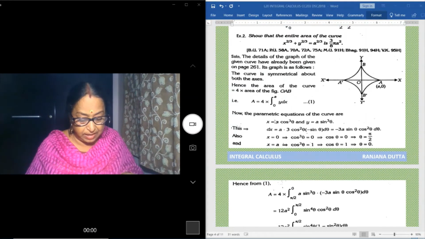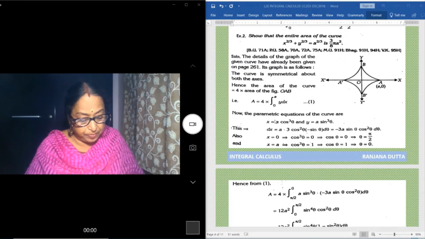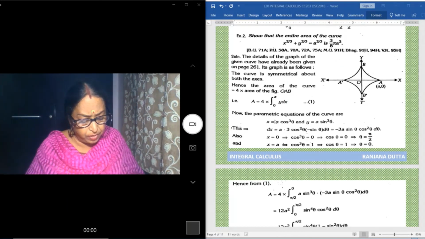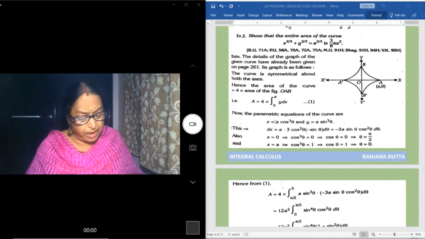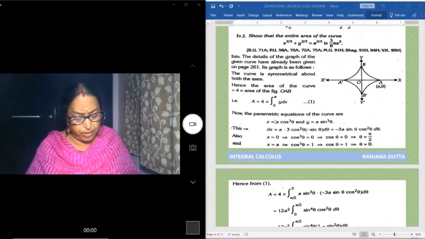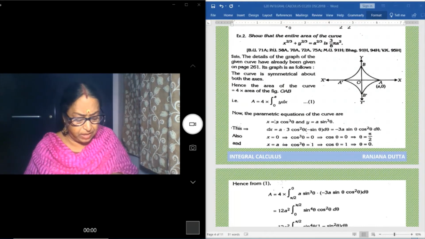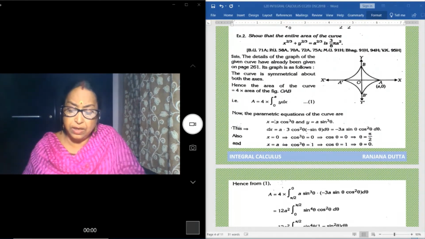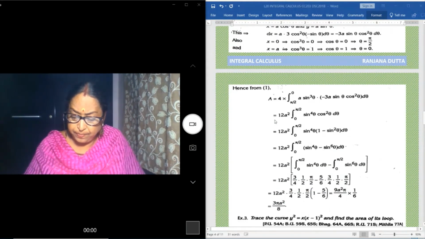Again, we can see that the limit in the x-axis is from 0 to a, and four areas are similar, so we can write it as 4 into the integral from 0 to a, and after putting x is equal to a cos cube theta and y is equal to a sin cube theta, you can get the value, as you can see.